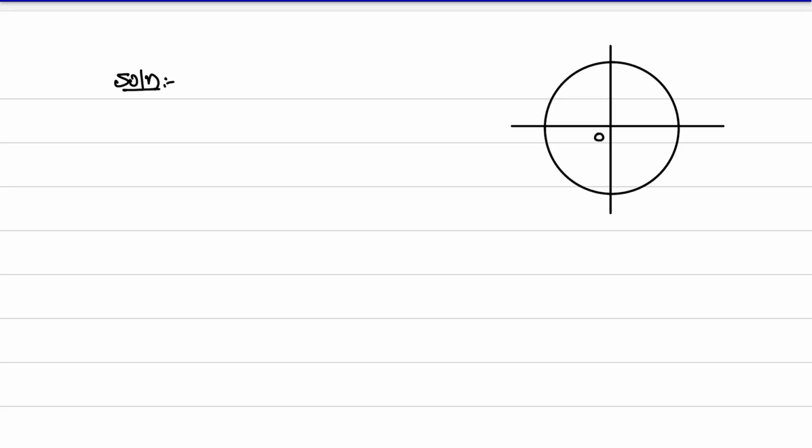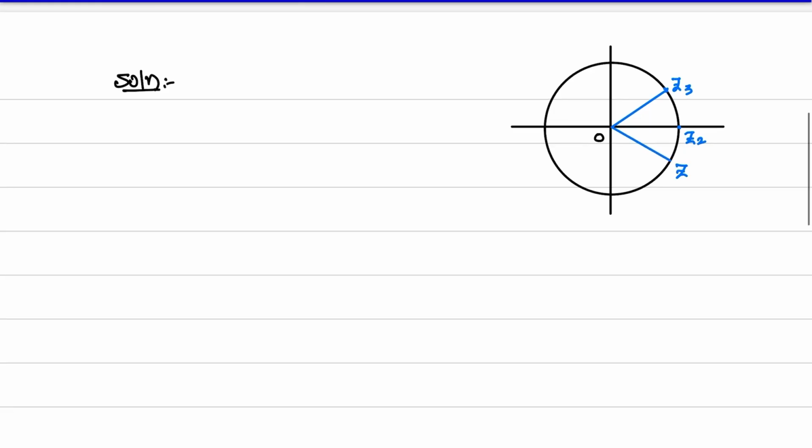This is the origin. This is z3, and here it is z2, and another is z1. You know what is conjugate? If z is equal to x plus iy, then the conjugate of z is equal to x minus iy. I have already explained this.